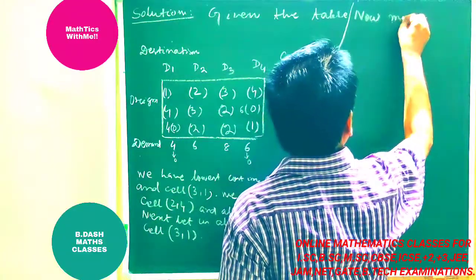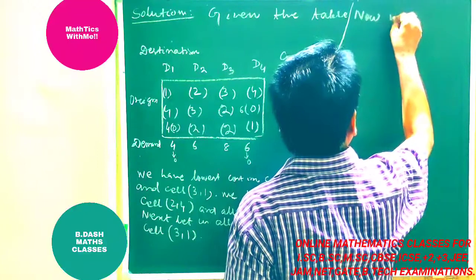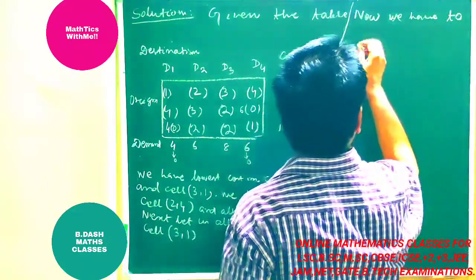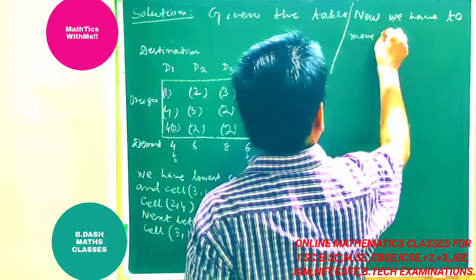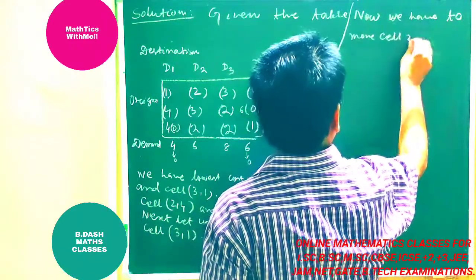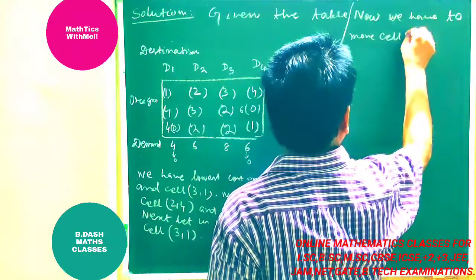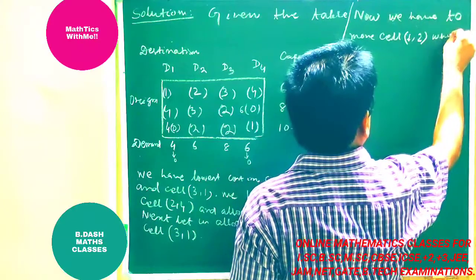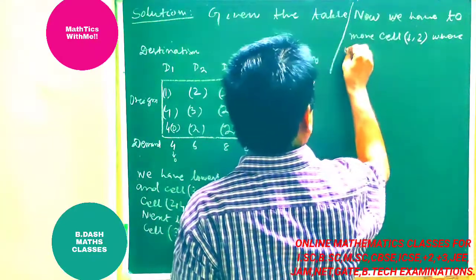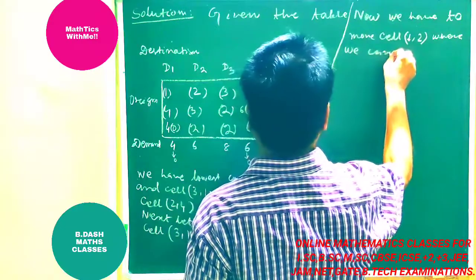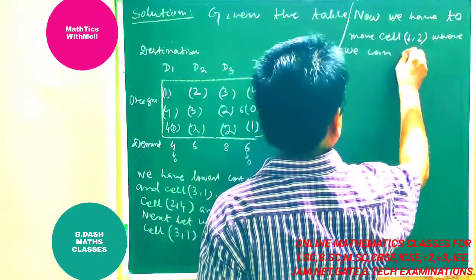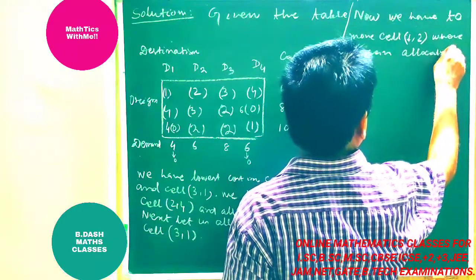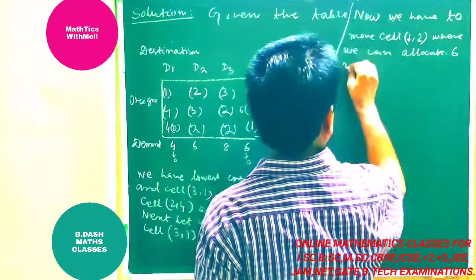Now we move to cell 1,2, where we can allocate 6 units.